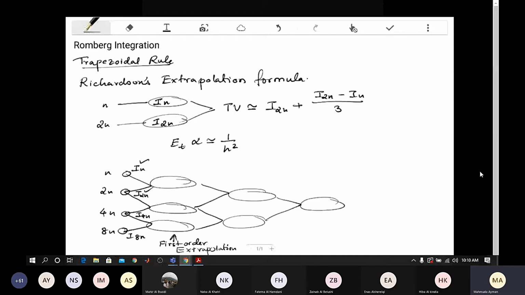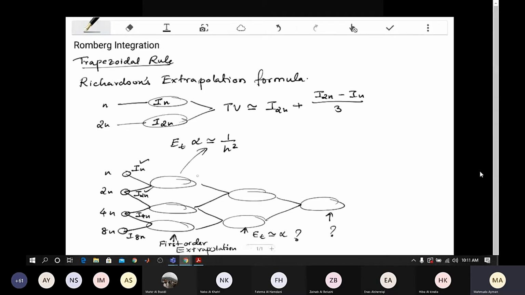So that's what Romberg is doing. So this one here is the second order extrapolation. This is the third order extrapolation. But here we know that the true error is approximately proportional to 1 over n squared. But for this here, we don't know what the true error is approximately proportional to. Neither for this do we know. All right. Now let's go ahead and see how we do this.